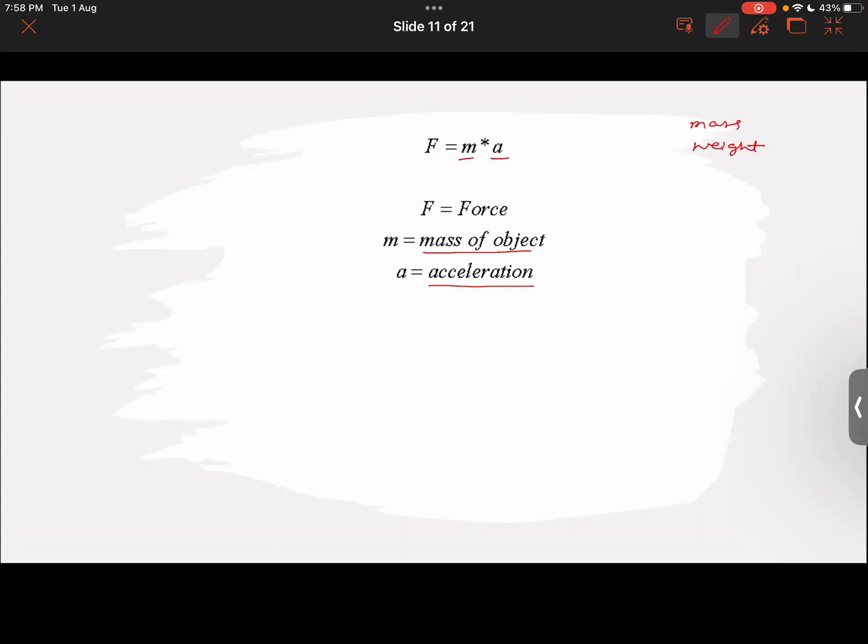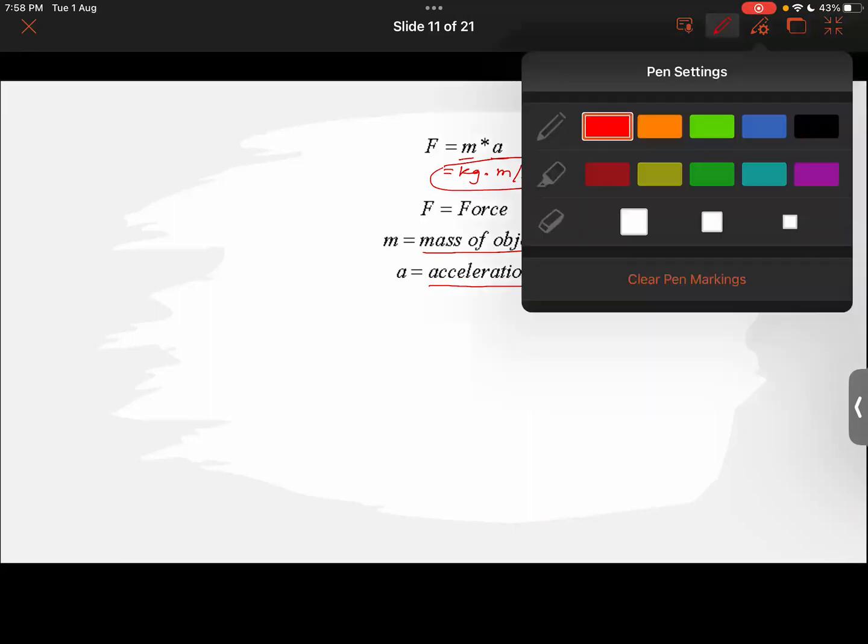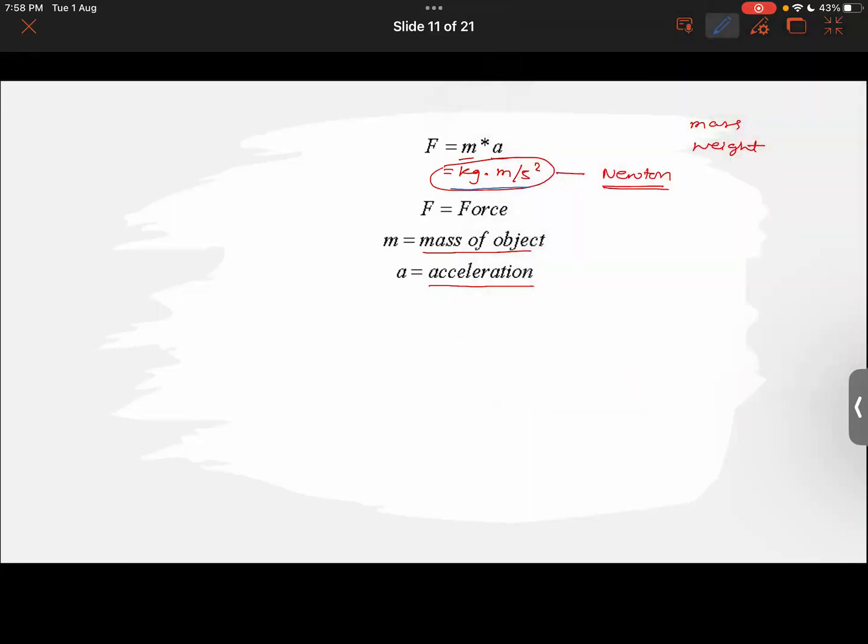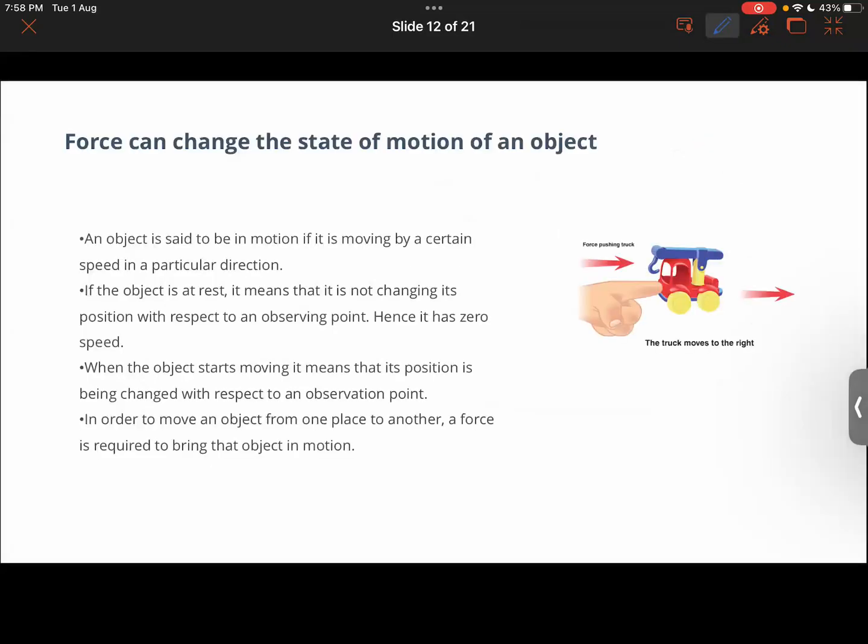Mass is in kilogram, and the SI unit of acceleration is meter per second square. So kilogram meter per second square, in short, we call Newton. Whenever someone asks you to expand Newton, you can easily do that: kilogram meter per second square, right? Okay, good. Now let's talk about other things.